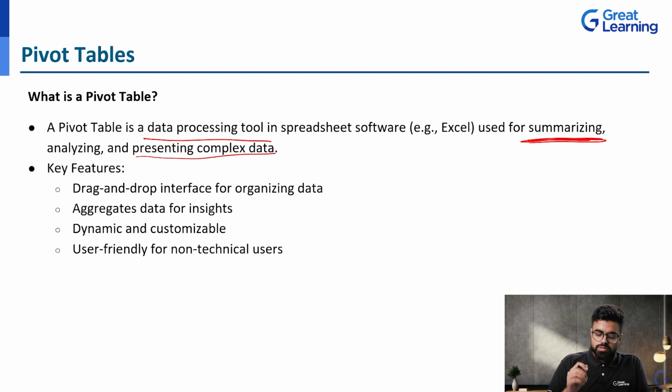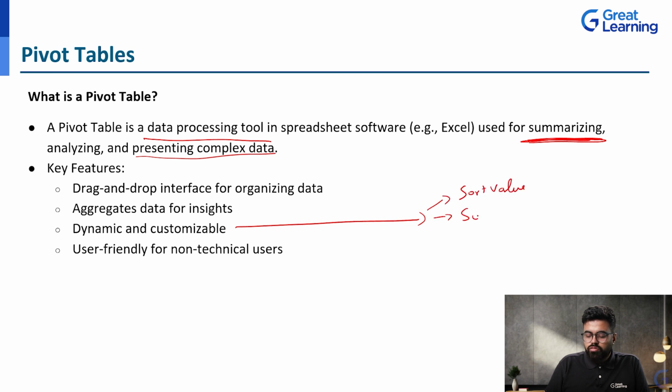One of the most important aspects is that you can customize it to anything, right? If you want to sort values, find the sum of values, or if it is a column, you can move it into rows. If it is a row, you can move it into columns without touching the main dataset.